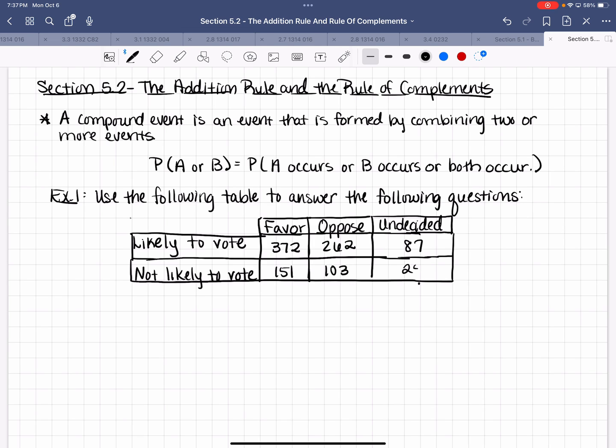And there are 25 undecided people that are, what in the world? Look at it. Oh my gosh. Okay, it has been going a little, okay. That means it's tired. It wants us to go home, doesn't it? I'm going to fix it. 262. What you had there was right.